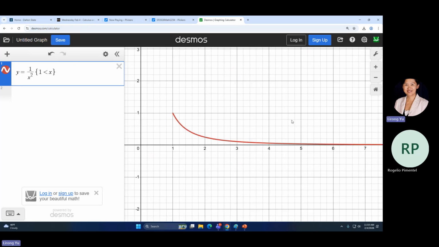According to what we calculated, the integration from 1 to infinity equal to 1 means that the area below the red curve is 1. That's a little bit less than the square of area 1.